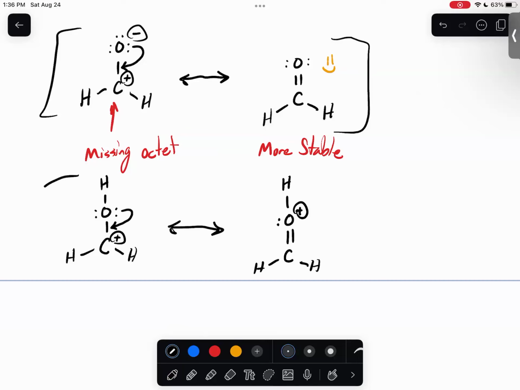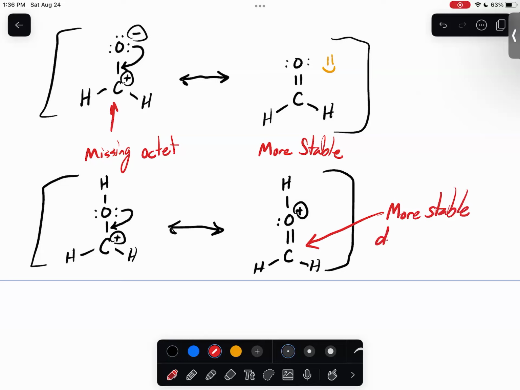And so this is still another form of stability where we are sharing the positive charge between both the carbon and the oxygen. But more importantly, this is still more stable due to octets, right? In this case, we have the oxygen and the carbon with fulfilled octets versus beforehand, it was just the oxygen.